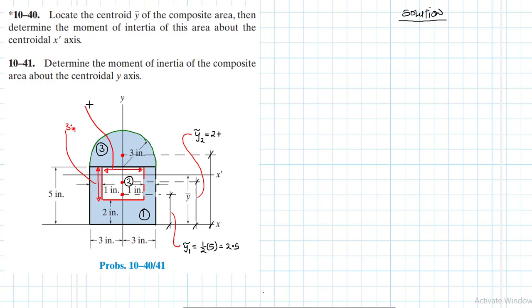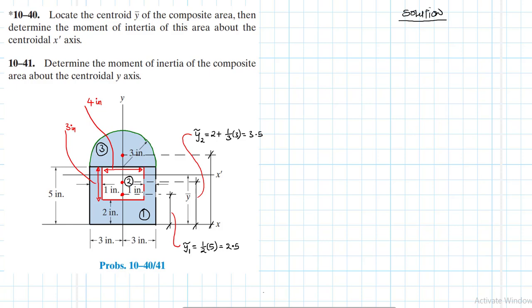It gives us a 4. Okay, that's a 4 inch. So there we go. So y curled 2 is equal to 2 plus half of 3. Half of 3 is 1.5. 1.5 plus 2 is 3.5 inches.